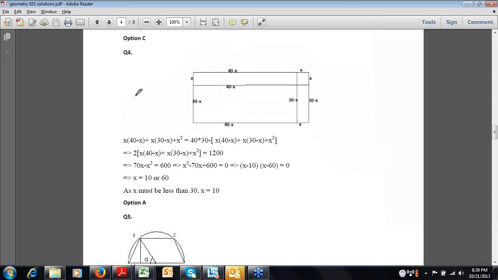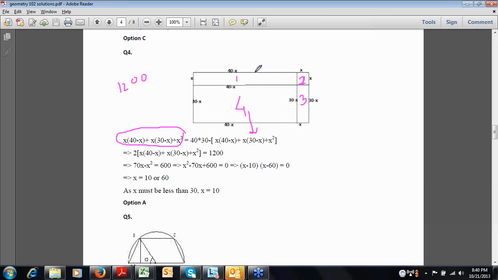So the total area is 1200. This area of 1, 2 and 3, this part we have calculated as this, and the area of fourth part will be total area minus this area. So that has been written over here.